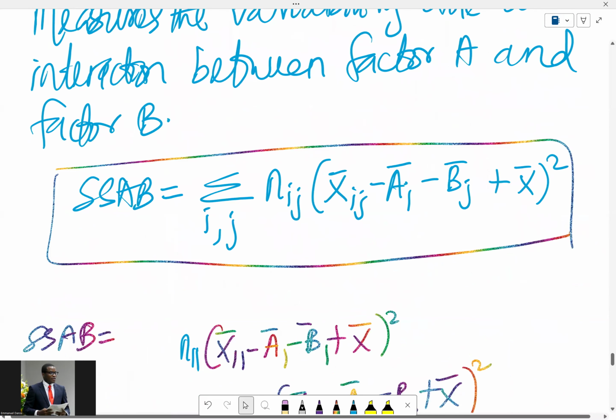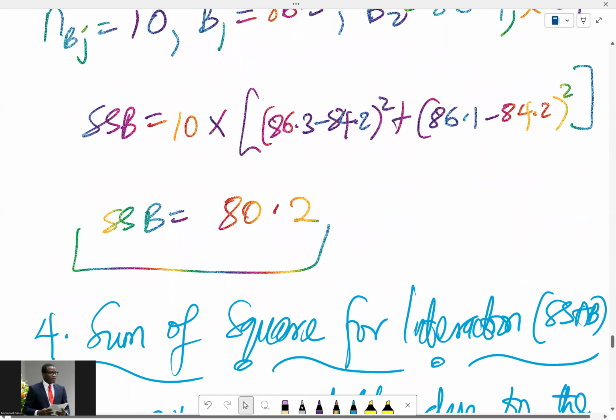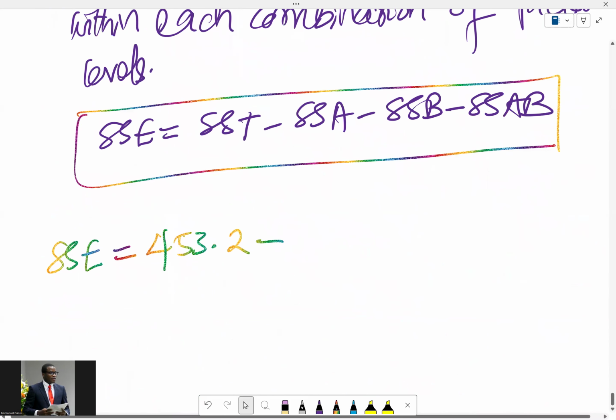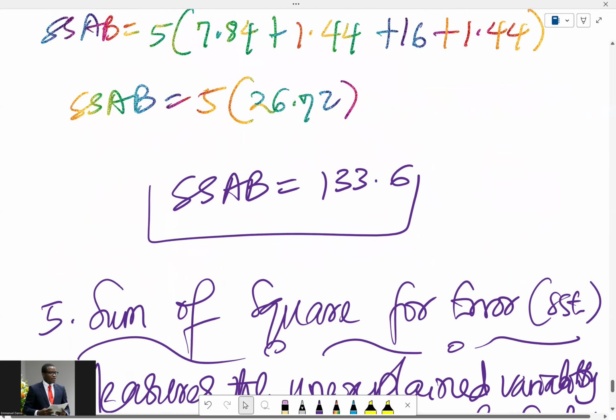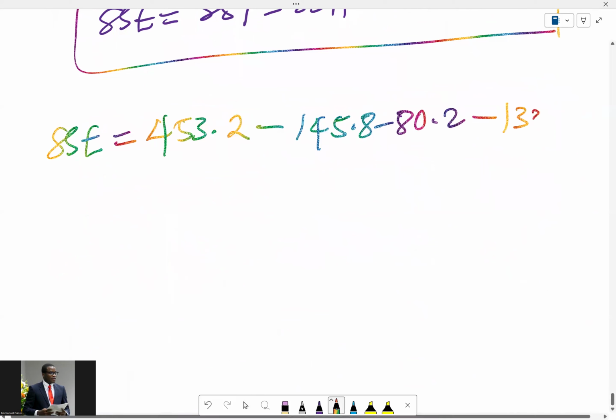What is SSA again? SSA is 145.8. SSB is 80.2. Then lastly, SSAB, which we just found, is 133.6.